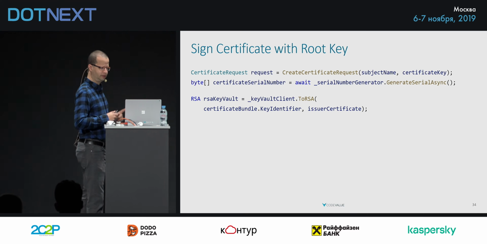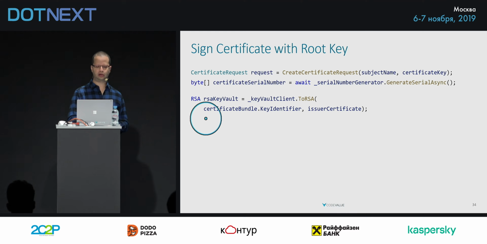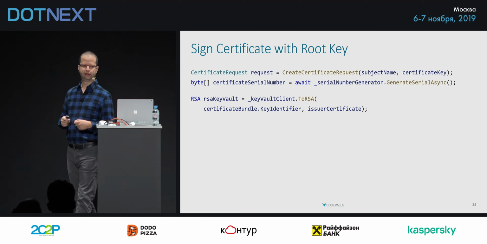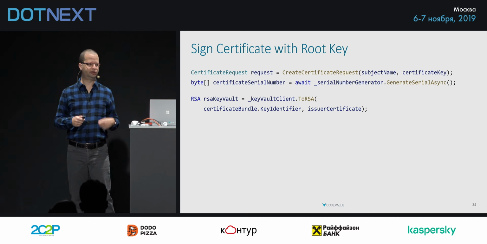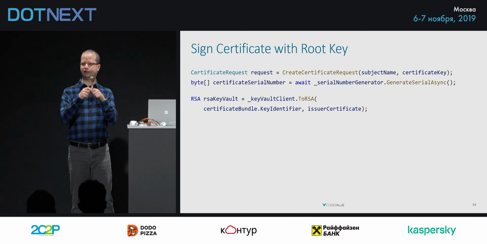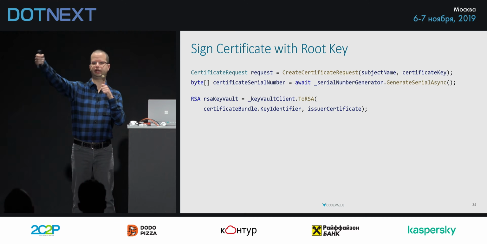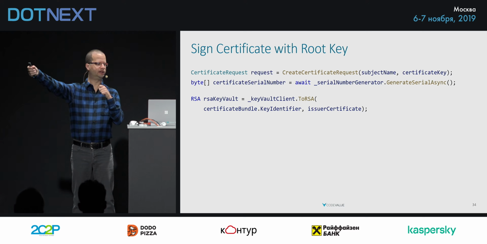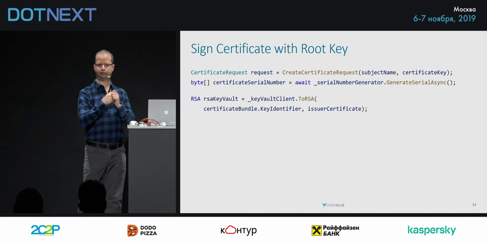And what he did is, he created an implementation of a .NET RSA key. RSA is an abstract class. He created an implementation where all the methods, sign, encrypt, decrypt, and so on, instead of being performed locally within your process, send the data to Key Vault, get the operation done there, and return the answer.